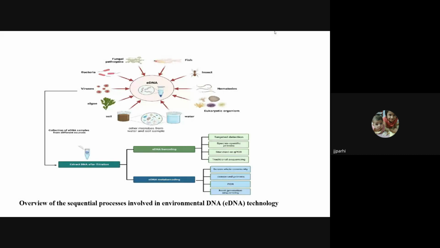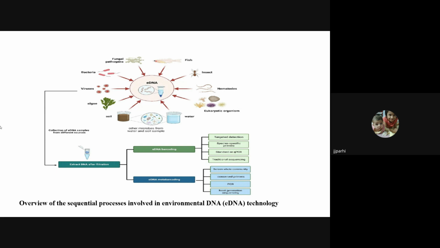This genetic material present in sediment or water can be collected as your sample for eDNA. If it is water, it has to be filtered. Then from the filter, we extract the DNA. Once DNA is available, it is ready for us to go for eDNA barcoding or metabarcoding.